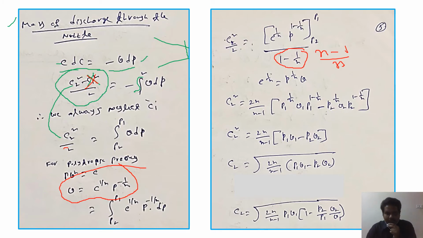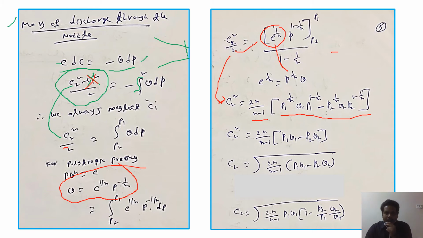So C2 square equals, this 2 will go to this side, 2 into n divided by n minus 1 into, here in place of C power 1 by n we have written P power 1 by n into V. So after integration we can write it as P1 power 1 by n V1 P1 power 1 minus 1 by n minus P2 power 1 by n V2 P2 power 1 minus 1 by n.